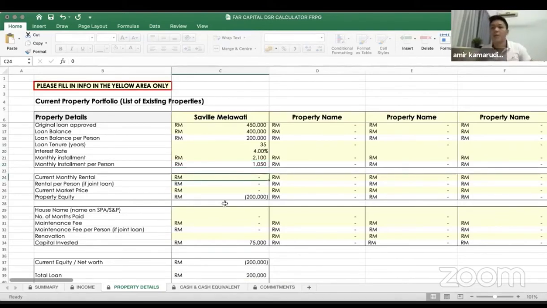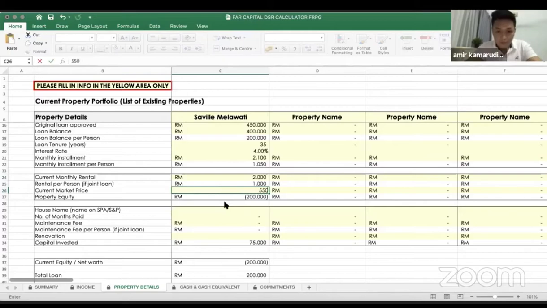For those who rent out their units for investment, you can put how much the monthly rental is. Let's put 2,000. Okay. And then it will divide the rental per person. Current market price, you have to open mudah.my or PropertyGuru and see the value if you want to sell now. For those who want to see the actual transaction price, you can open Bricks and look at the actual transacted data, the market price.